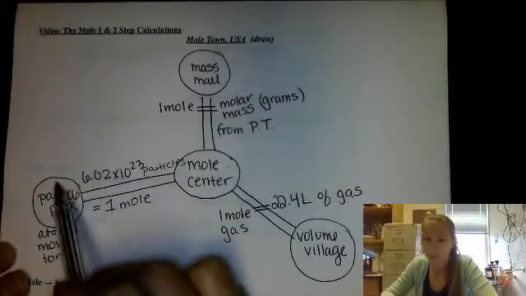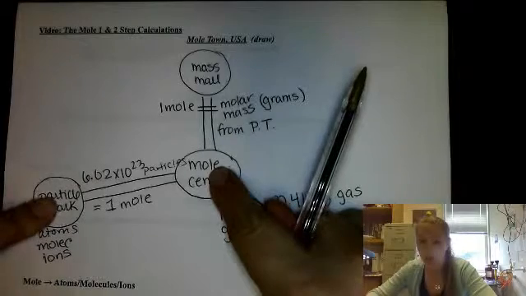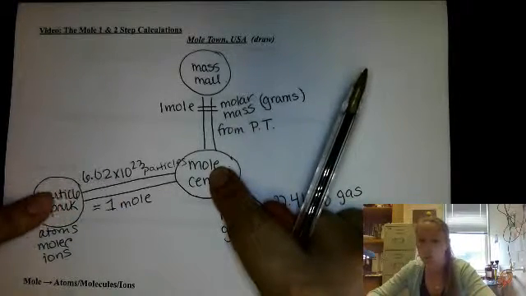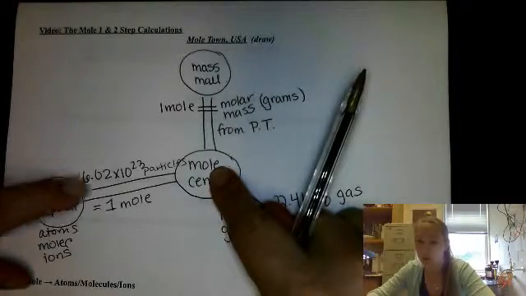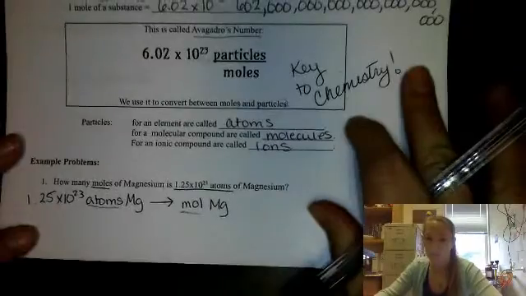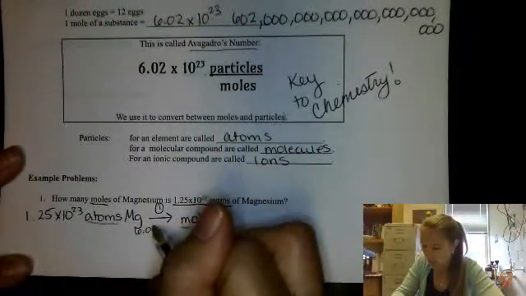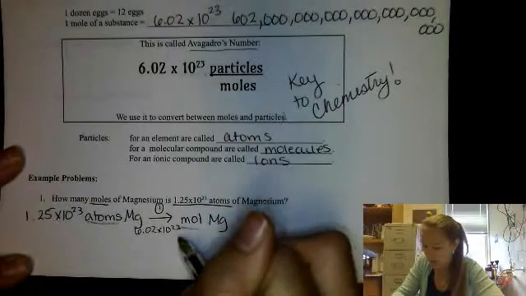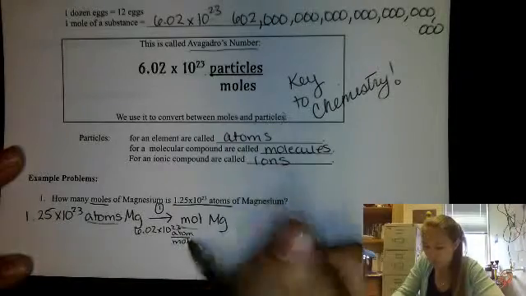Can I go in 1 step from here to my mole center? I'm starting here, ending here. I have 1 path in between, so I have 1 conversion factor. My conversion factor is 6.02 times 10 to the 23rd particles per 1 mole. So going back down, I can get here in 1 step. My conversion is 6.02 times 10 to the 23rd atoms per mole.